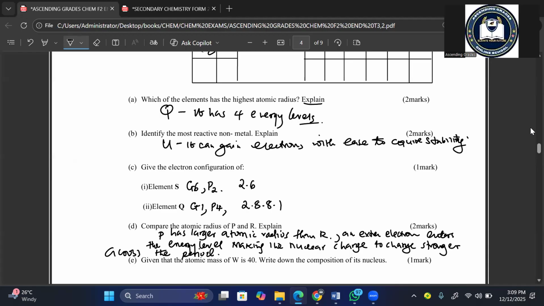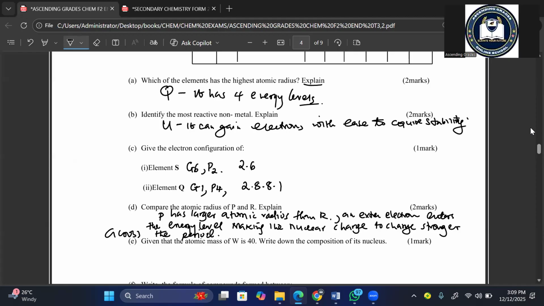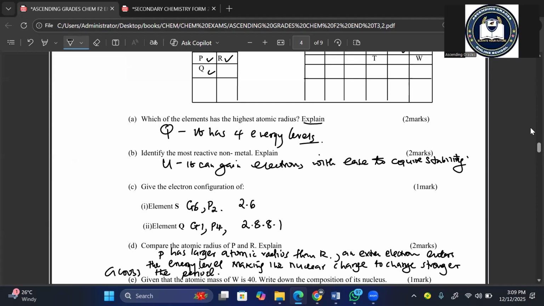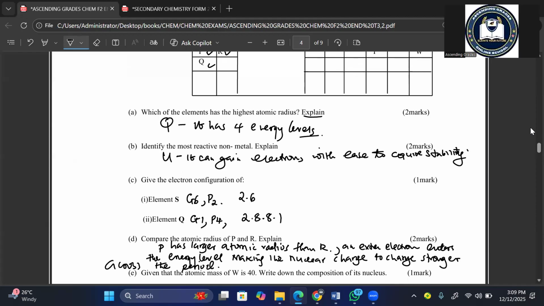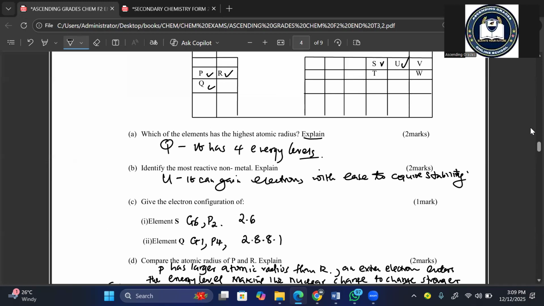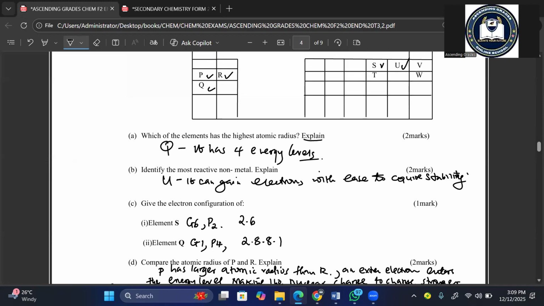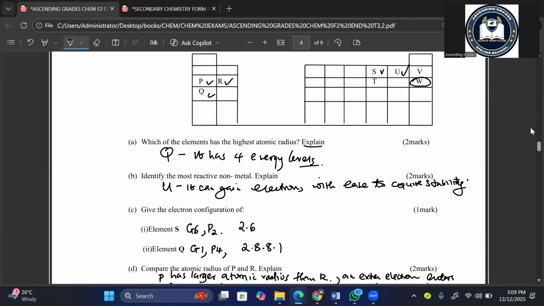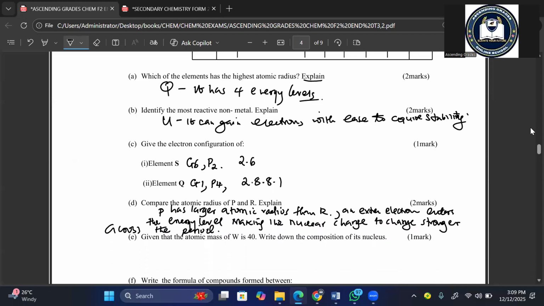Given that the atomic mass of W is 40, write the composition of its nucleus. We are having W at that point. You can see it is in period 3 and in group 8.